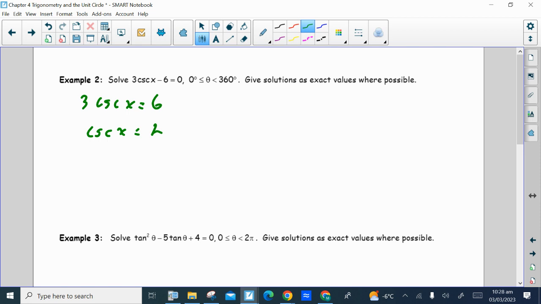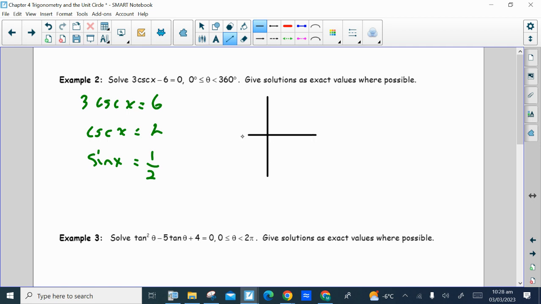And because our calculator only has sine, cosine, tan, right, the values on the unit circle are in terms of cosine, sine, and tan. We'll write this in terms of the primary ratio. The reciprocal of cosecant, again, is sine, and the cosecant of x is 2, so the sine of x is 1/2. So our answers will be where the sine of x equals 1/2.